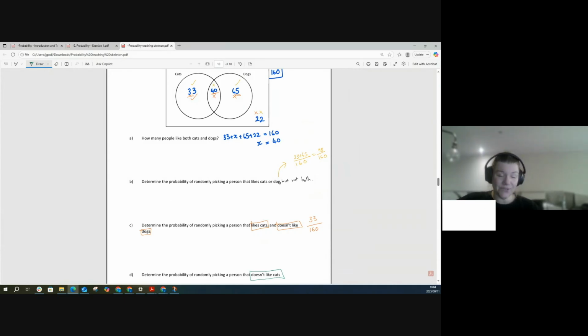So let's go through our little Venn diagram. These people like cats, so we can't include them. These people also like cats, so we can't include them. These people, they don't like cats, so we can include them. And these people don't like cats, so we can include them. So we've got 65 plus 22. So 87 out of 160.